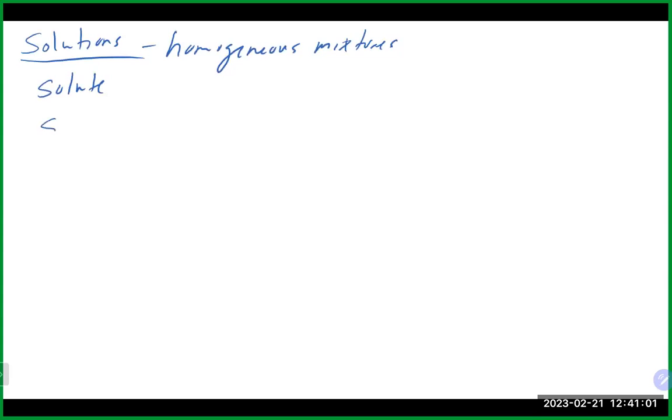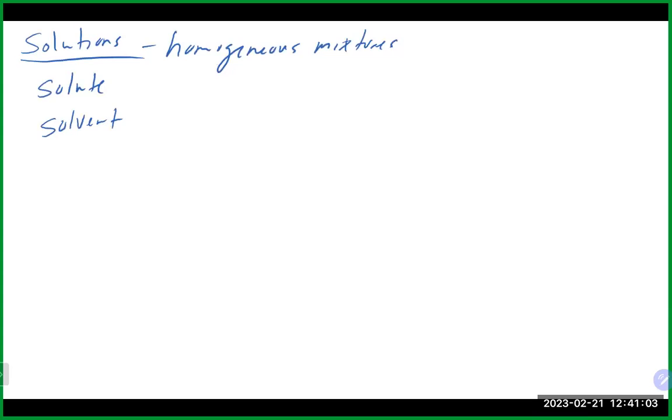All right, so the last thing we're going to talk about here to finish up that's relevant is solutions. There are two parts to a solution. Solutions are homogeneous mixtures. There is the solute and the solvent.